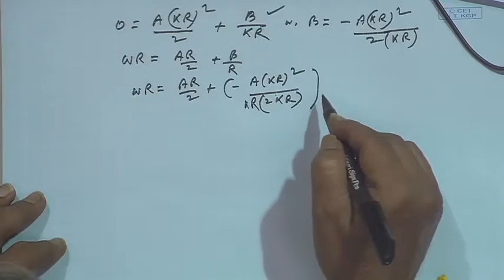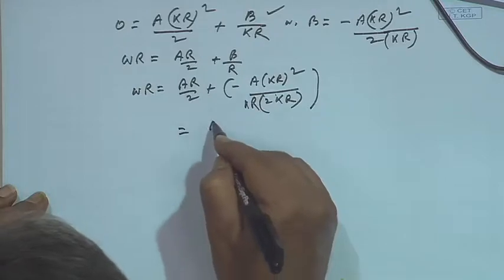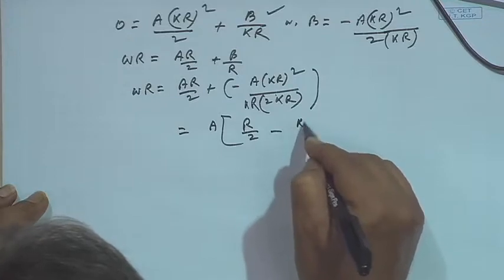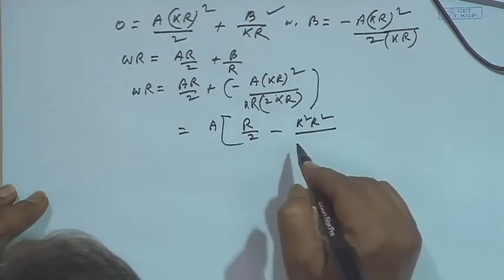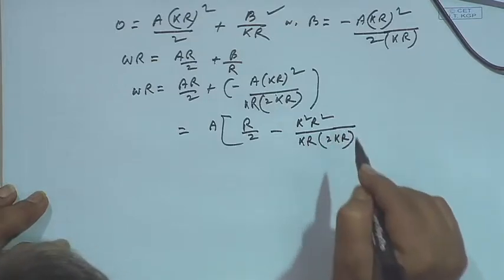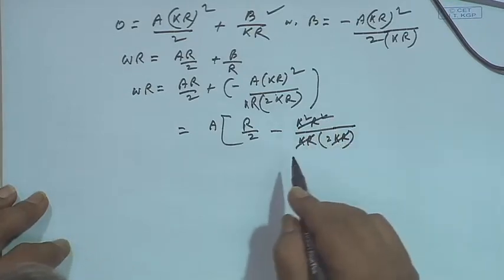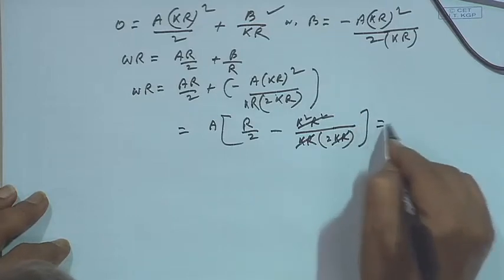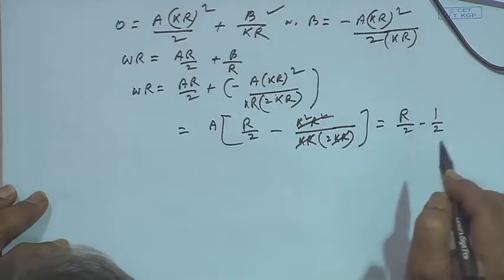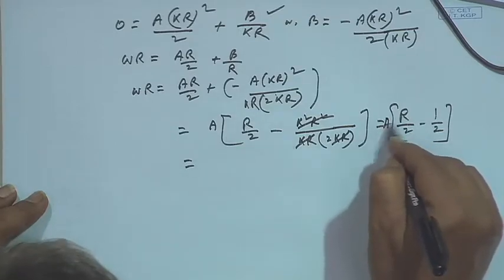So, on simplification we can write that this is equal to, if A is common, R by 2 minus k square R square divided by kR into 2 kR. So, this k square R square goes out, then this becomes R by 2 minus half, into A, of course.